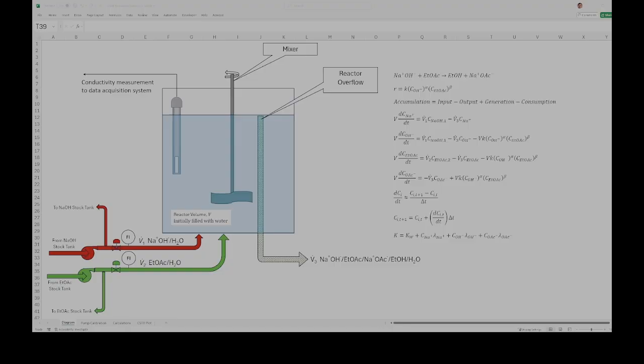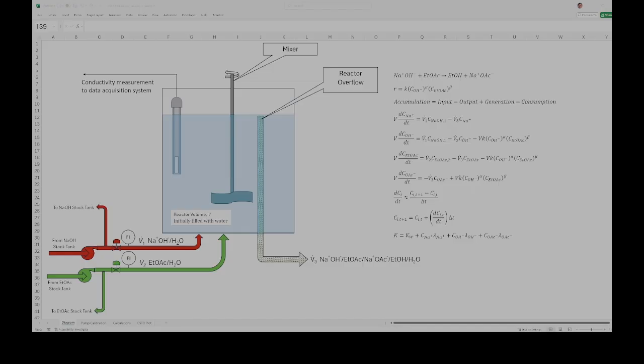If we keep our delta t small, this is a fairly accurate representation of the derivative since things do not change appreciably with time. Therefore, we can calculate the concentration at the next time step as equal to the concentration at the previous time step plus the derivative evaluated at the previous time step times delta t.